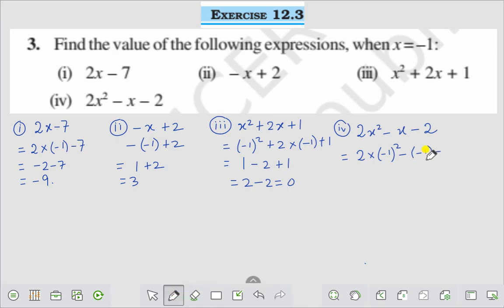Then you are getting 2 into 1, minus into minus plus 1, minus 2. That is 2 plus 1 minus 2. 2 plus 1 is 3. 3 minus 2 is 1. Right? In this way you can find the values.